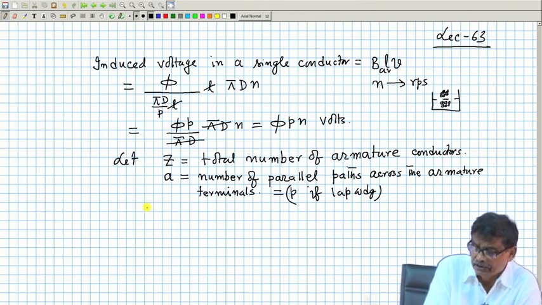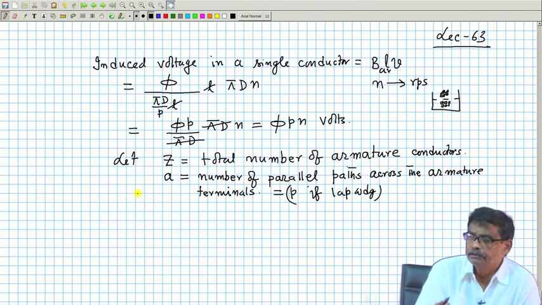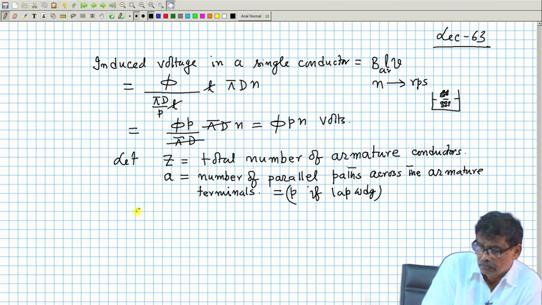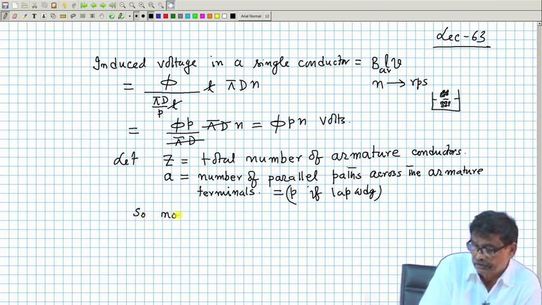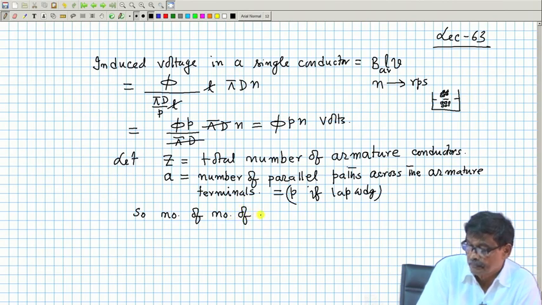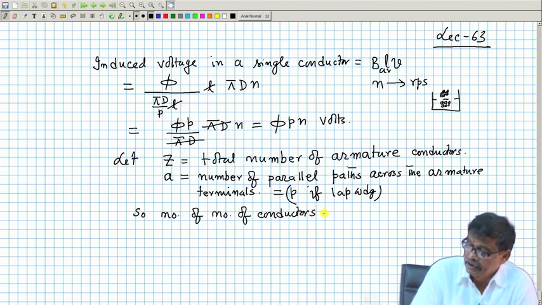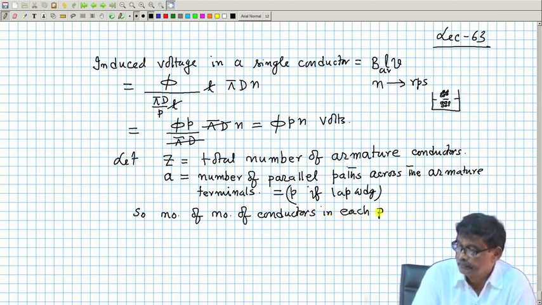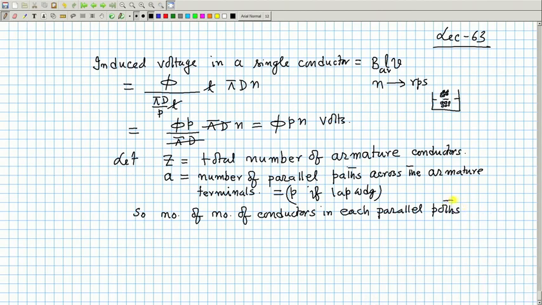Then how many conductors will be there in each parallel path? So the number of conductors in each parallel path will be equal to Z by A, what else? Equally divided.